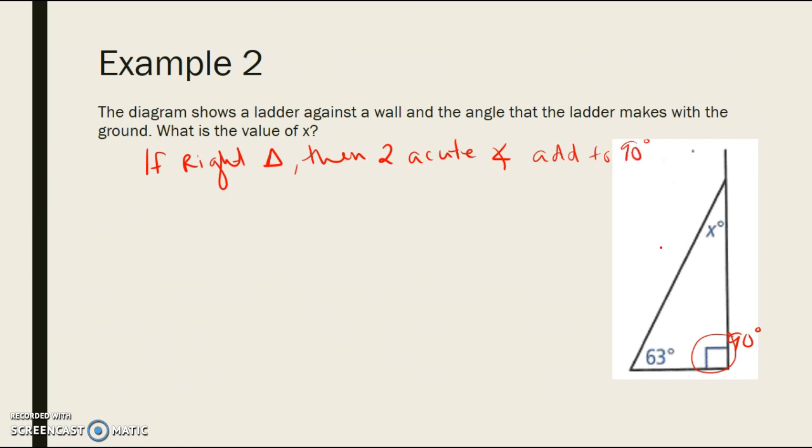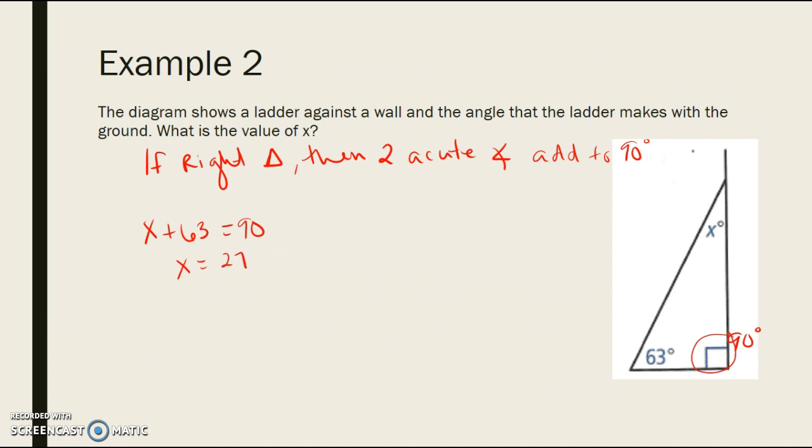And again, the reason is if this is 90 degrees, I know that 180 minus 90 equals 90. That leaves only 90 degrees left for these other two angles. So now I can just do x plus 63 equals 90, and take 90 minus 63, and we get that x is 27. So that's one way to do it.